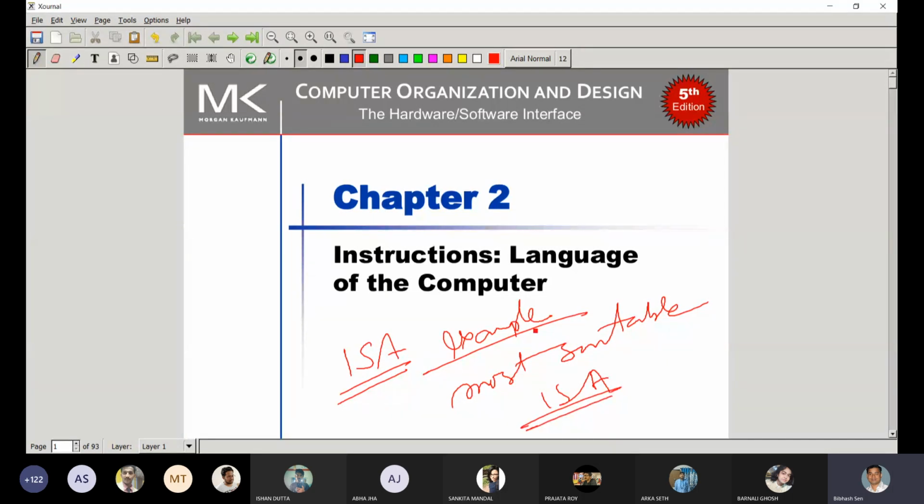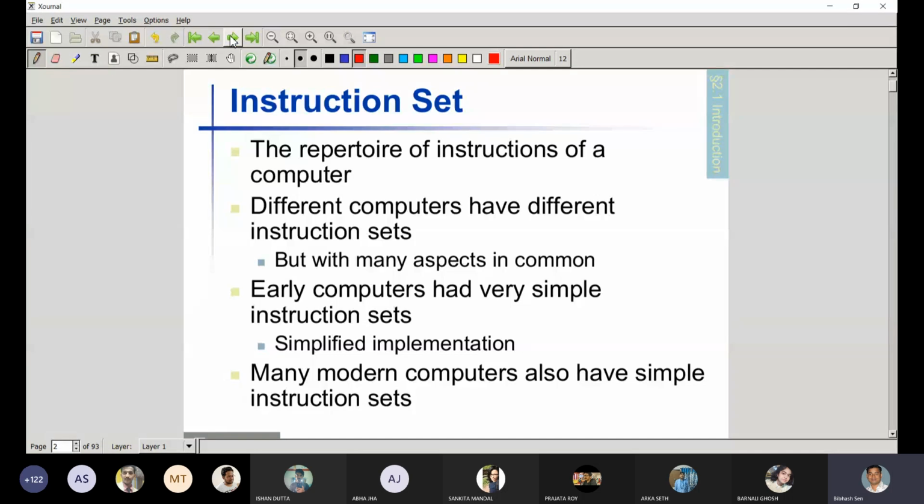We already understood that different computers have different instruction sets. A very important point you must remember is that one ISA is specific: an Intel operating system cannot be applicable for a Mac system or MIPS or any other system.